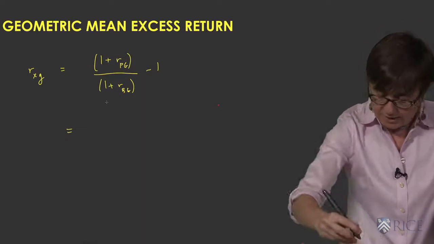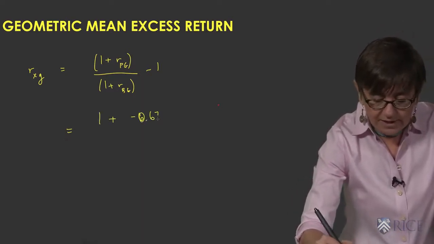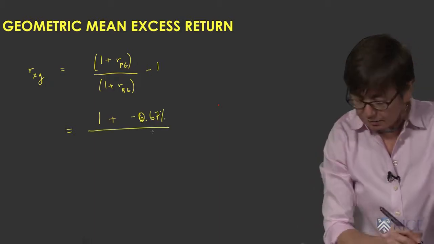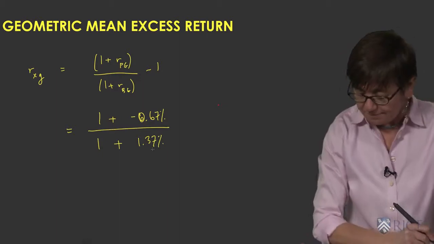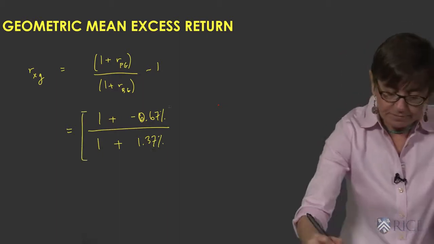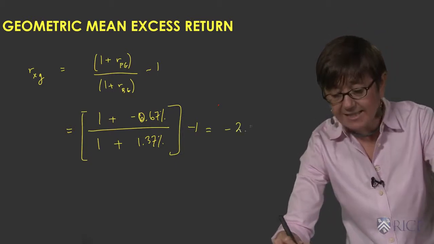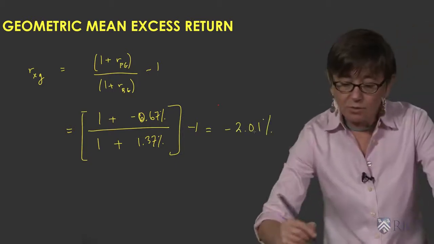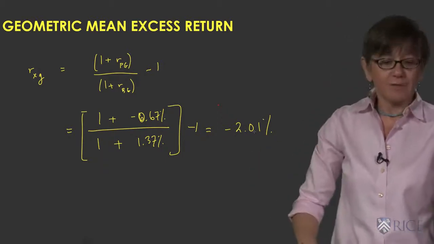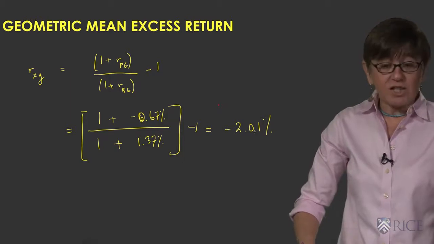Well, it's 1 plus minus 0.67% divided by 1 plus 1.37%, minus 1. And of course, that gives us exactly the same number, minus 2.01% or 2%. All right, so that gives us the geometric mean excess return.